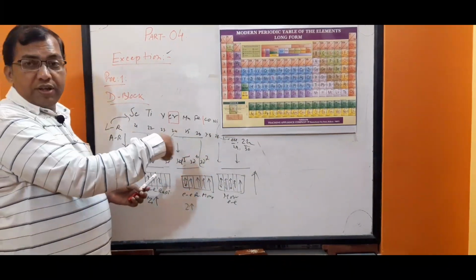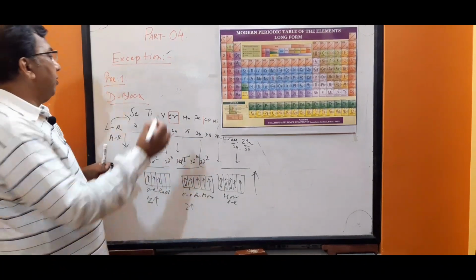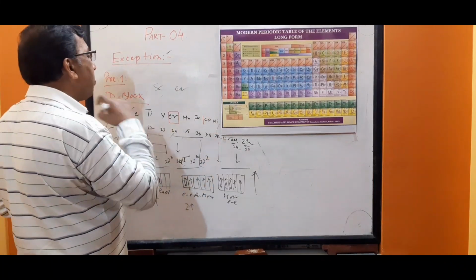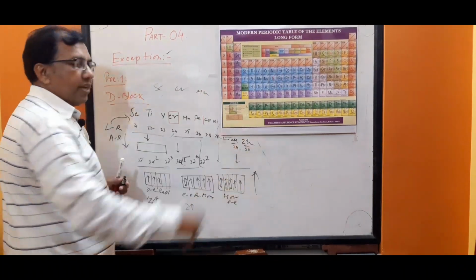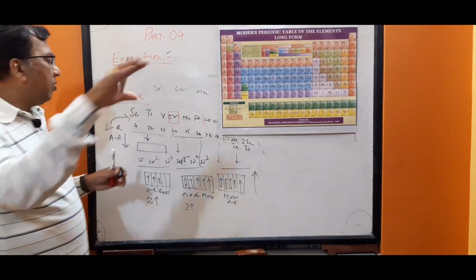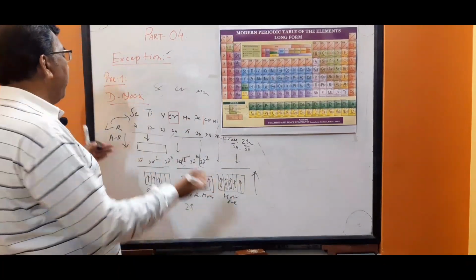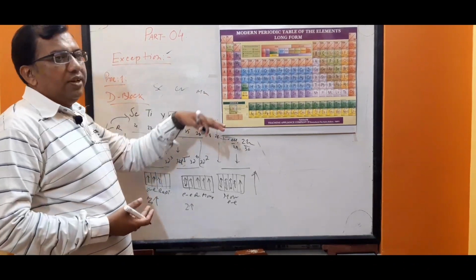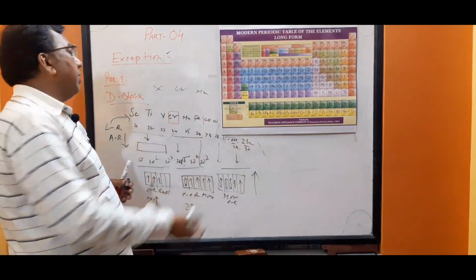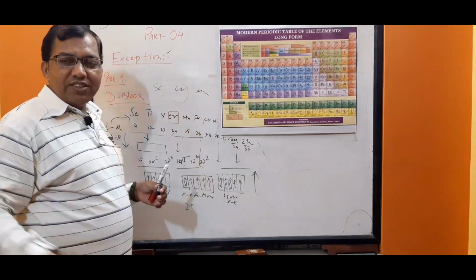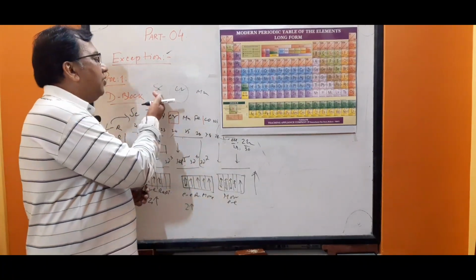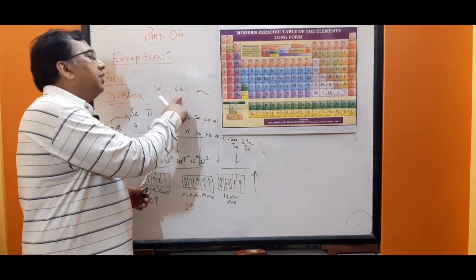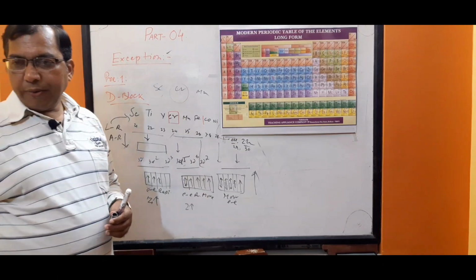Suppose you have to give the relation, and in the question come scandium, chromium or manganese, which is greater? According to the period, from left to right atomic radius decreases. But if the question comes, what will you answer? You will write that this is greater, this decreases, so this is greater than this, but that answer is not correct.